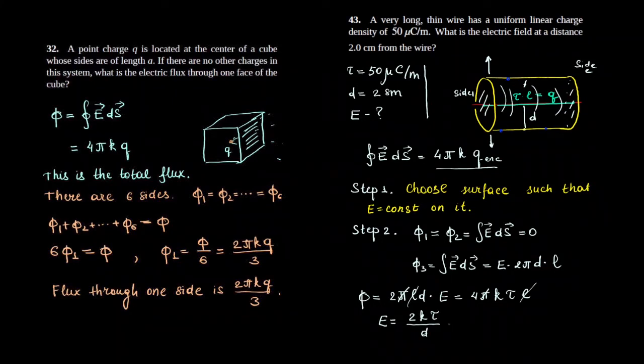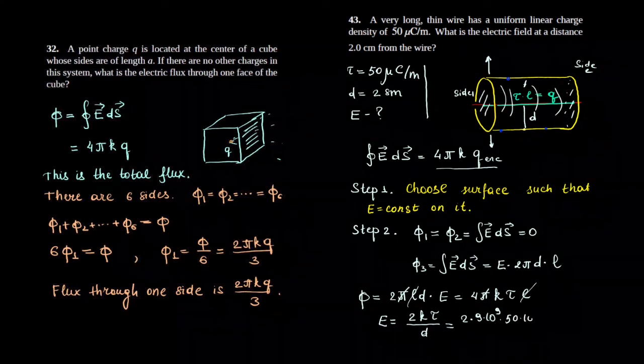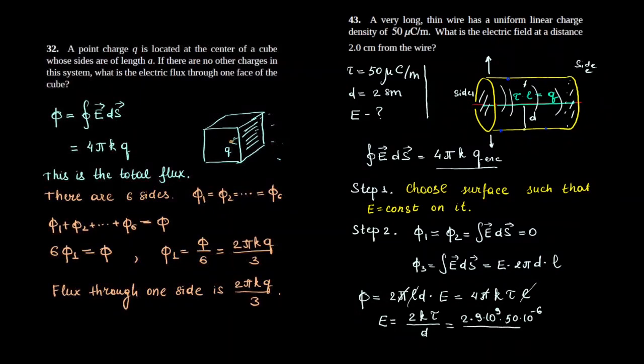and it is equal to 2 multiplied by 9 times 10 to the 9, tau is equal to 50 times 10 to the minus 6, divided by d, 2 times 10 to the minus 2.